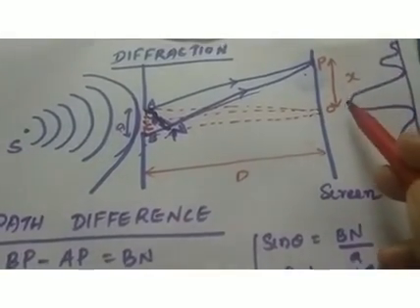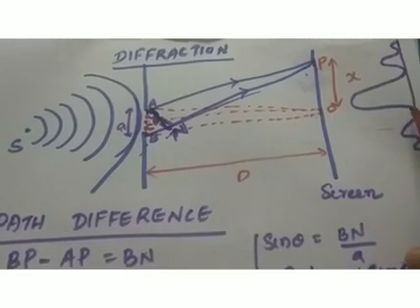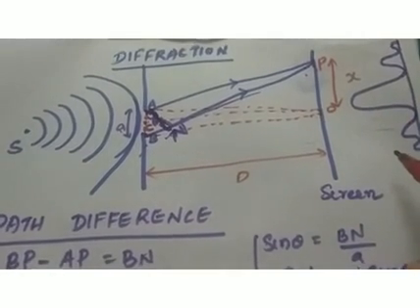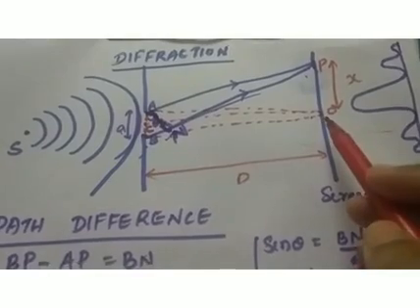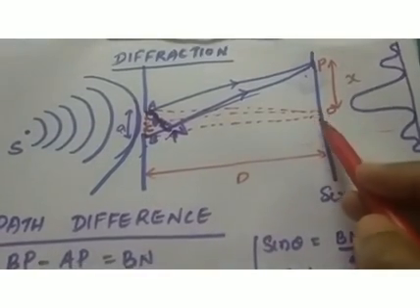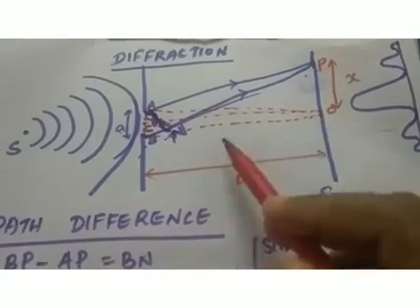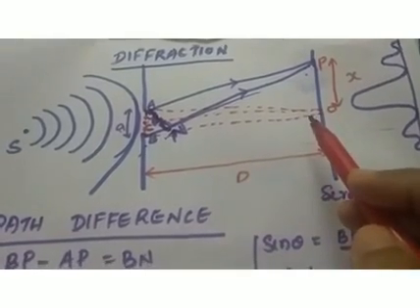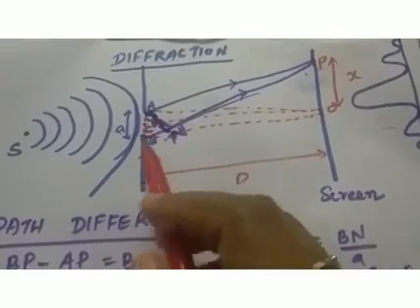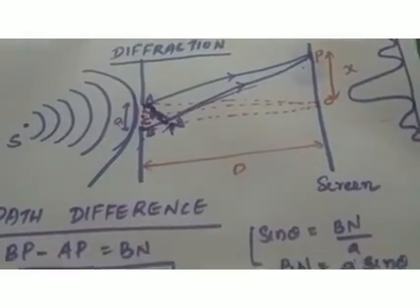So this is the central maximum. This bright fringe is called the central maximum. So central maximum is obtained at the point O, where the path difference between the waves coming from the points A and B is 0.